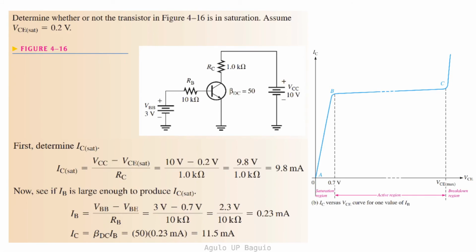So 50 times 0.23 milliamperes is equal to 11.5 milliamperes for the collector current. Now, the saturation current is 9.8 milliamperes, which means that the collector current cannot exceed 9.8 milliamperes. Since we computed IC to be equal to 11.5 milliamperes, we know that the transistor is in saturation.